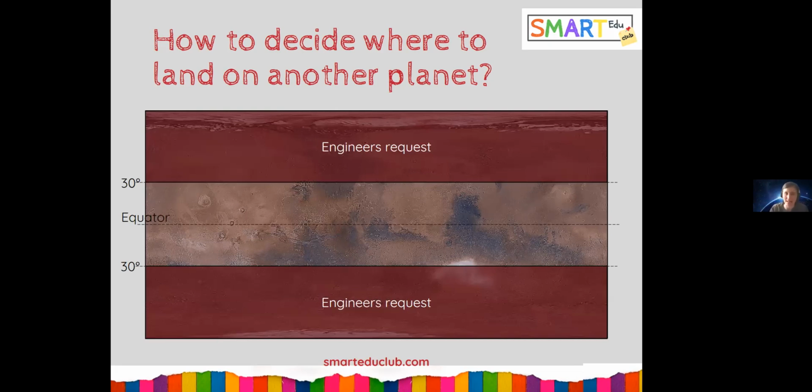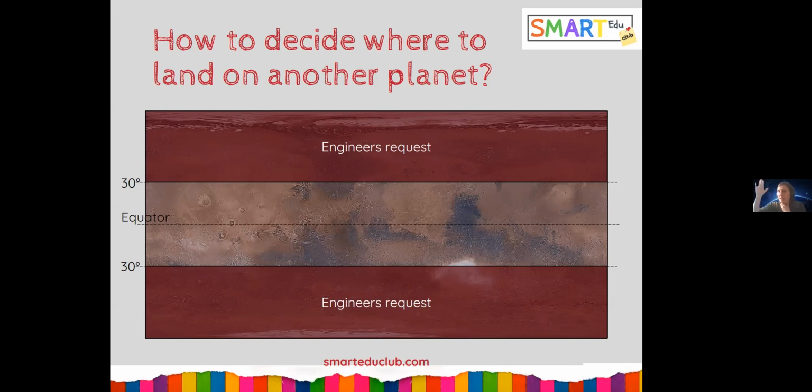Engineers are asking the scientists who will decide where to land to select a specific area around the equator, okay? 30 degrees north, 30 degrees south. And we can go farther north or farther south, but usually in this area, okay, it's very important, you know, we talk about solar panels.